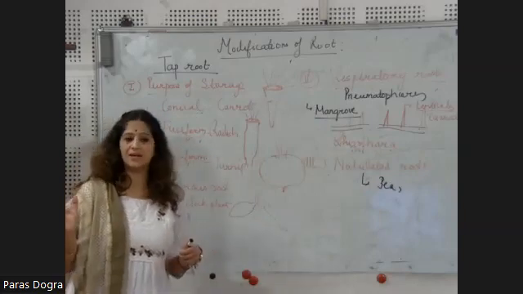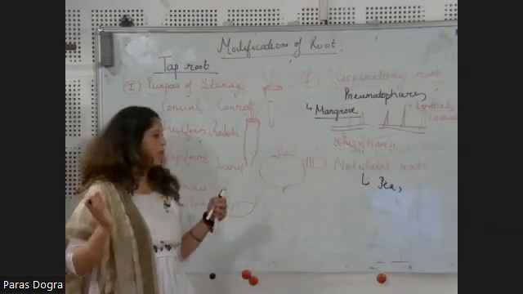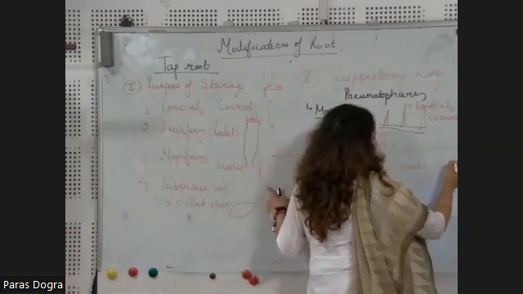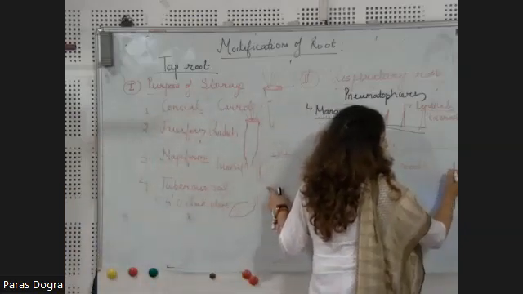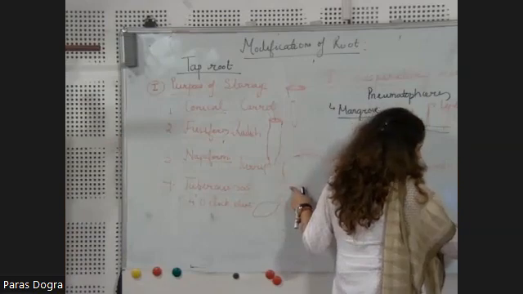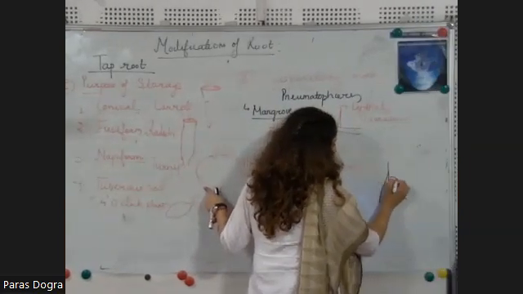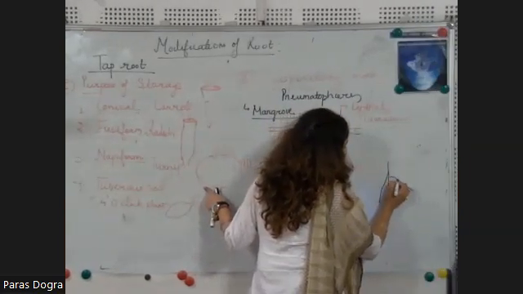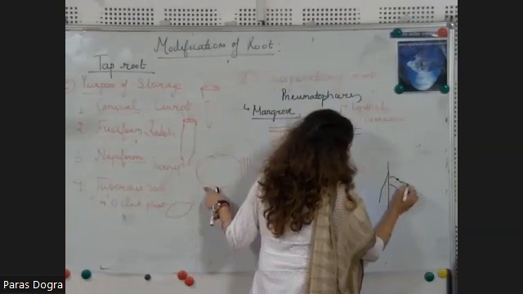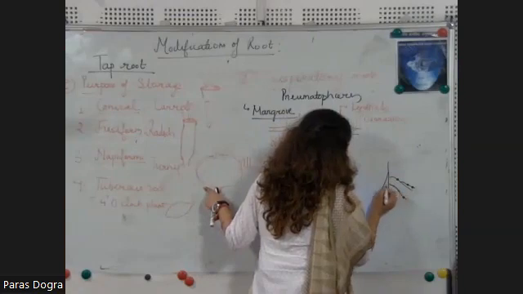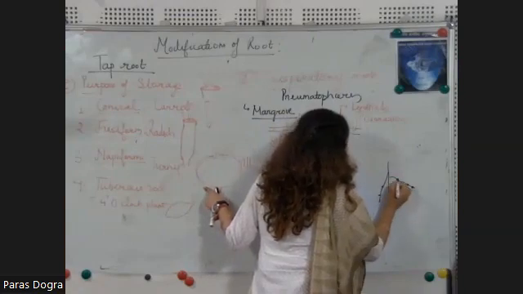Here the roots perform a very important function. In the main root itself, or mainly the primary and the secondary roots, these swollen structures are seen, which are called nodules.